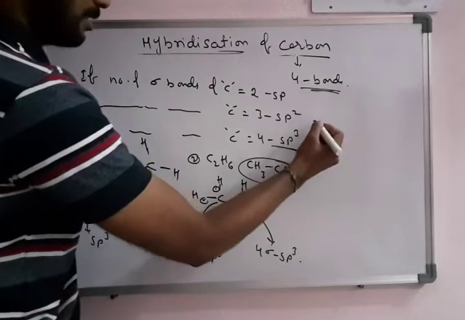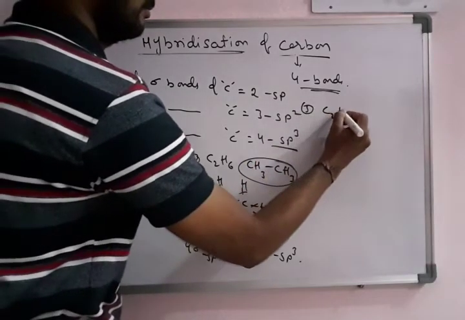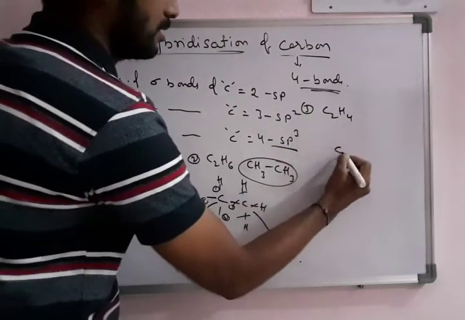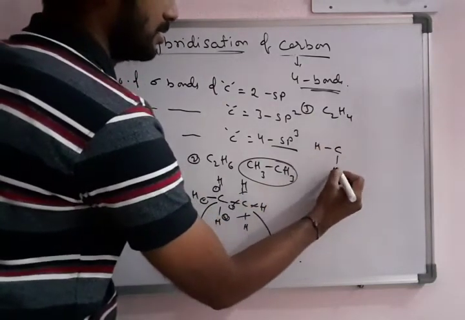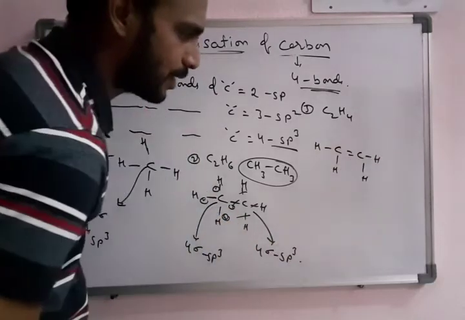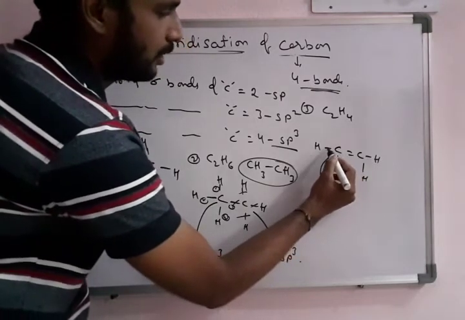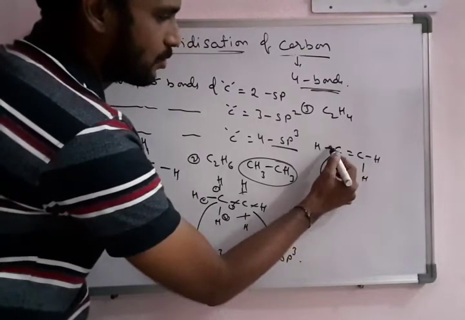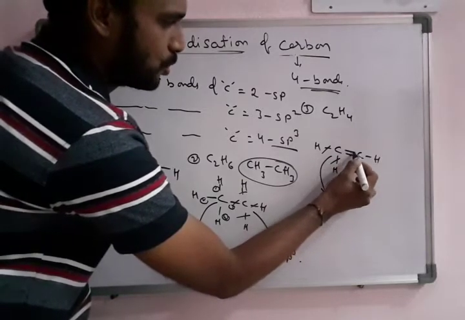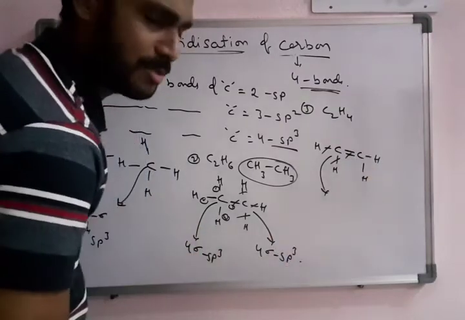Okay, see the other one. C2H4. It can be written like this. We are not giving the proper structure, we are just calculating the hybridization in it. So what are the carbon's sigma bonds? This is one sigma bond, second sigma bond. In these two covalent bonds, only one is a sigma bond, the remaining one is always a pi bond.